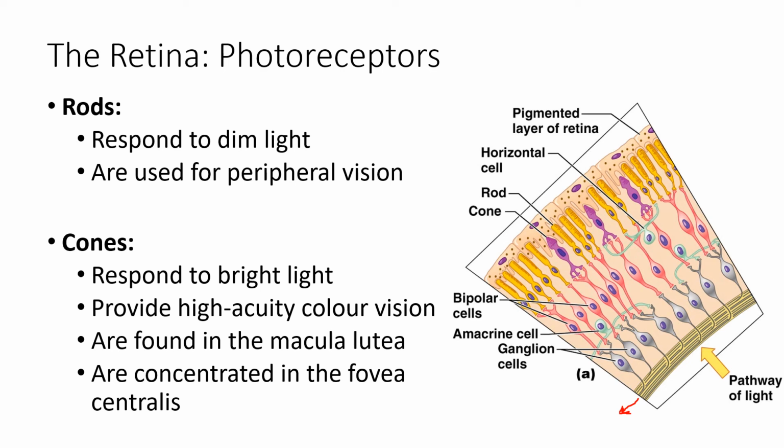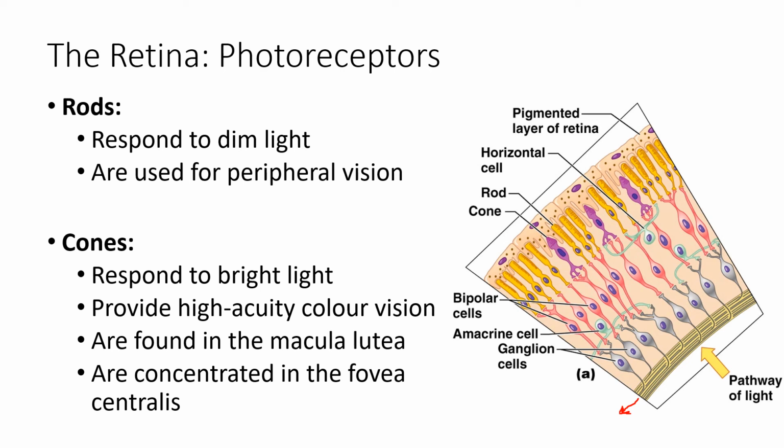Now, there's a few other cell types that I'll mention very, very briefly. The rods and cones are going to ultimately activate ganglion cells, and there's an intermediate in between, and that's the bipolar cell.